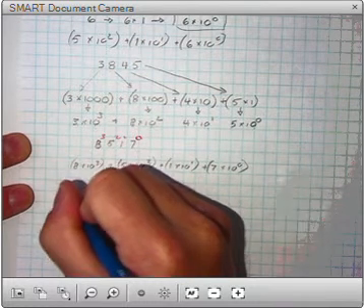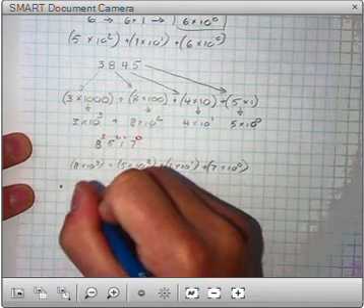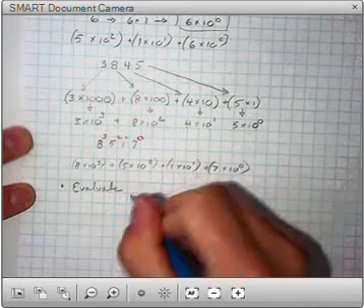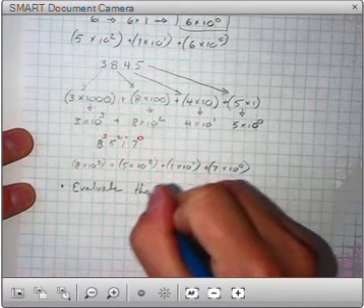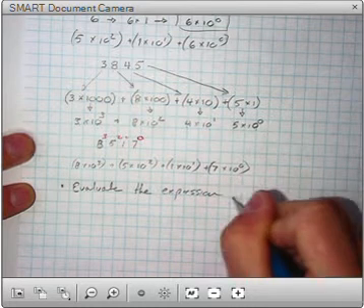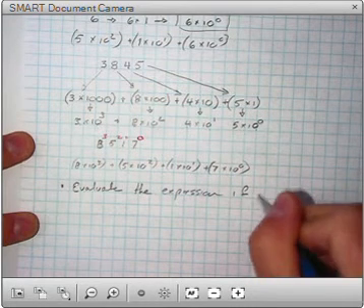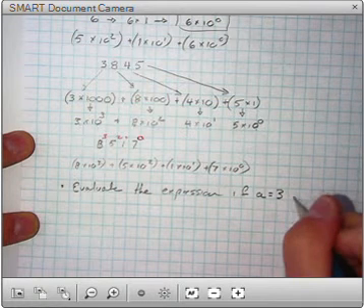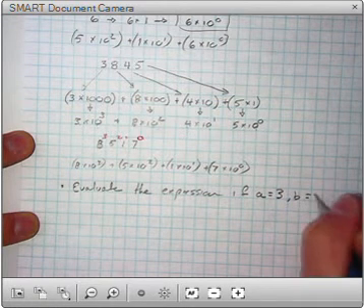The last thing that you'll be asked to do is evaluate. So evaluate the expression, and then I'll tell you that A will be 3 and B will be, say, -5.